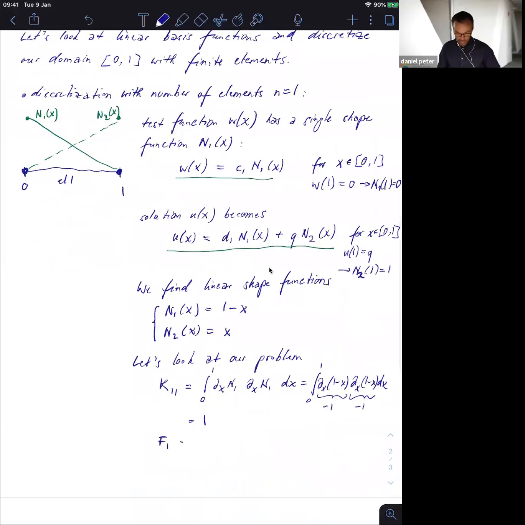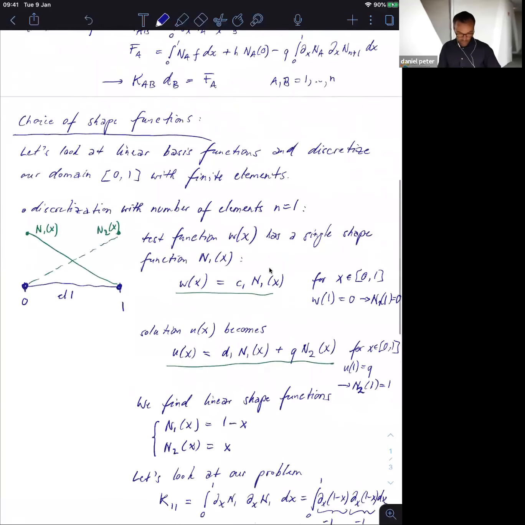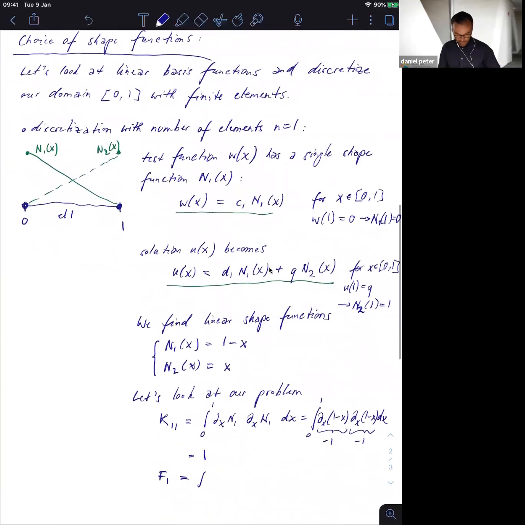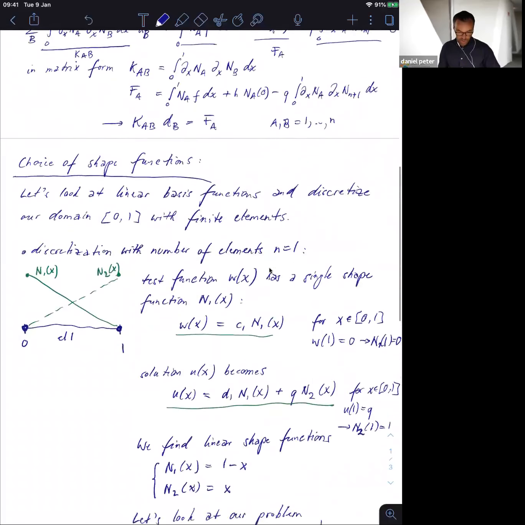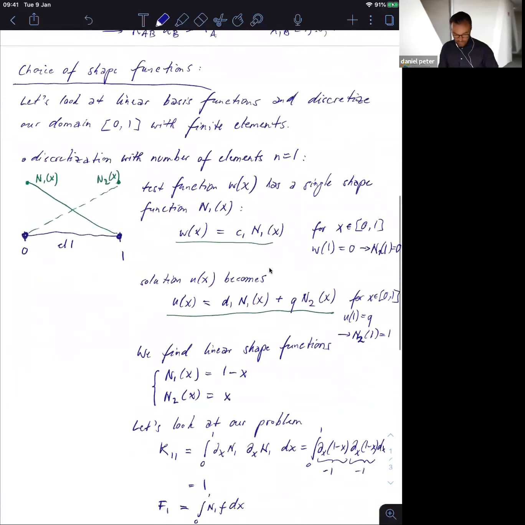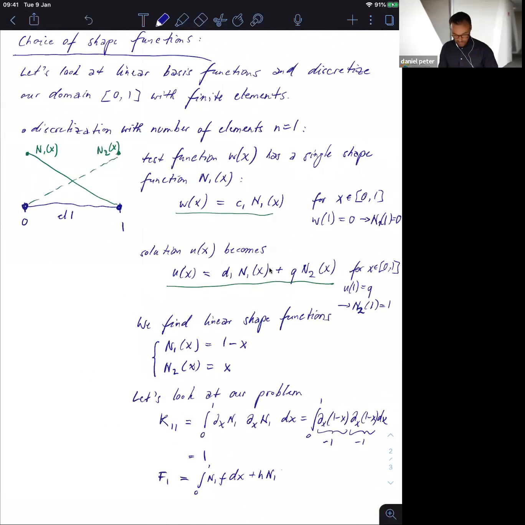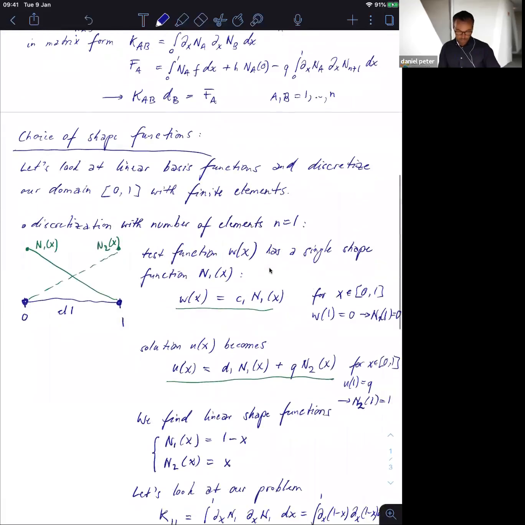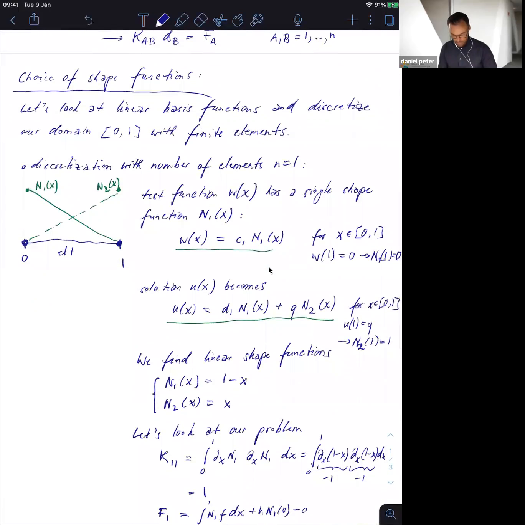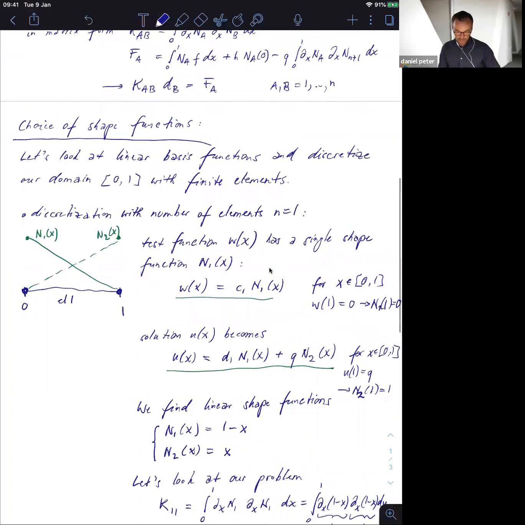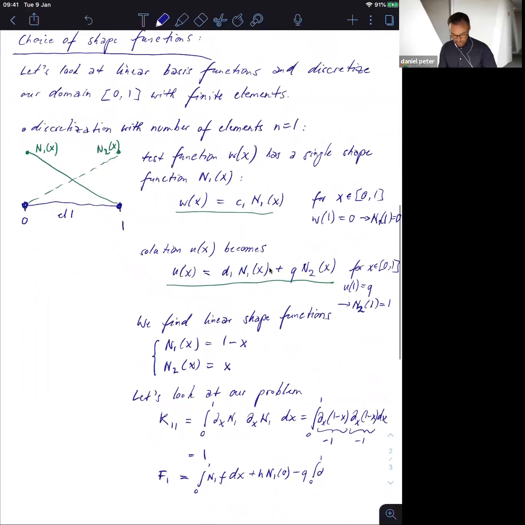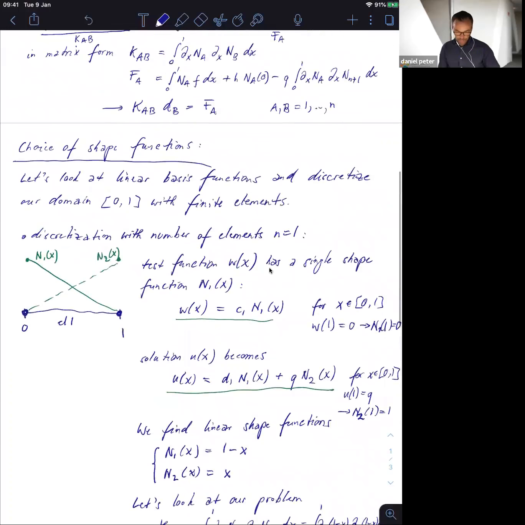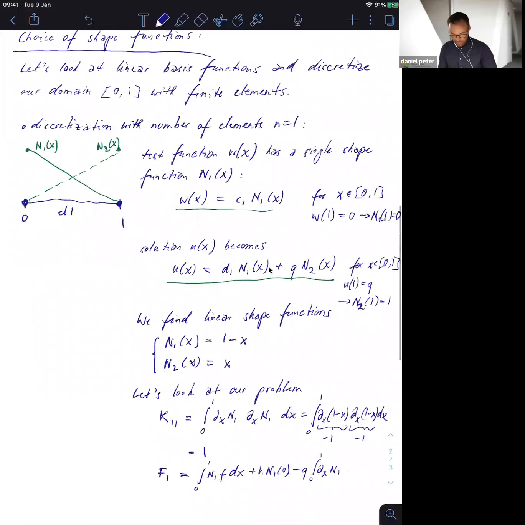So we only have F1, let me write that down: the integral of N1 times f, plus h times N1 at 0, minus q times the integral of the derivative of N1 times the derivative of N2.